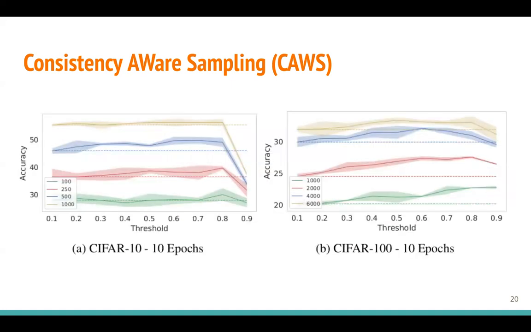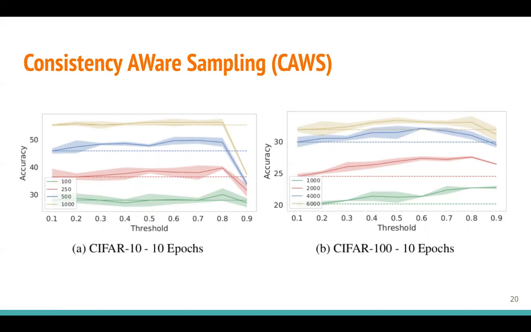However, we have a new threshold, so a new hyperparameter. And hyperparameters are not good things in the area because we have to tune them. But this idea of the threshold can be very related to the distribution of the Z-score that we have. So let's focus on this graph. This graph shows the accuracy when we set different thresholds and different memory sizes for CIFAR-10 and CIFAR-100.